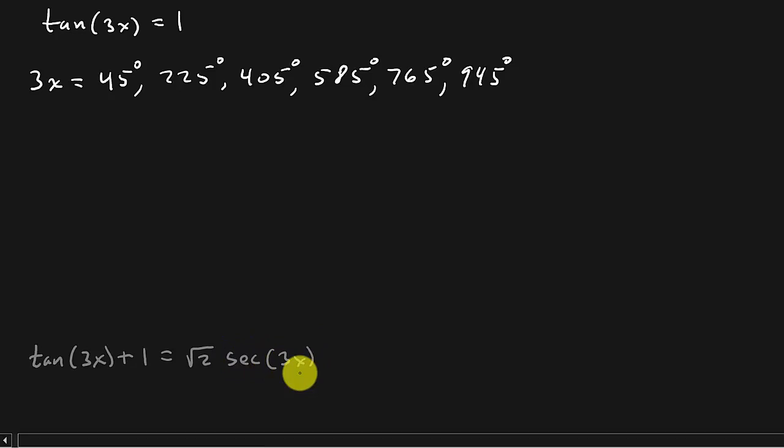So what we can do here is, of course, divide through by 3 because we need to know what x is. But one thing you've got to keep in mind is, if you remember from algebra, when you were solving equations with square roots, what did you have to do? You had to square both sides, right?